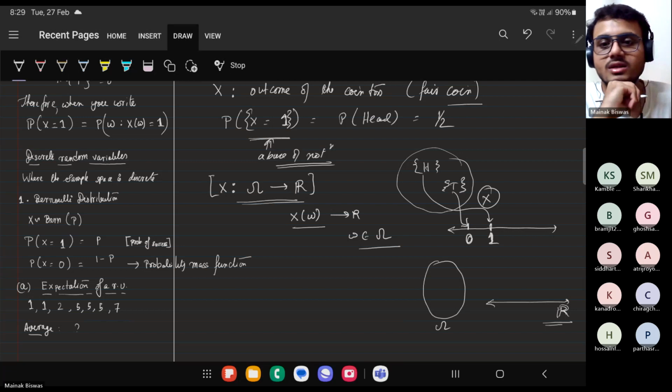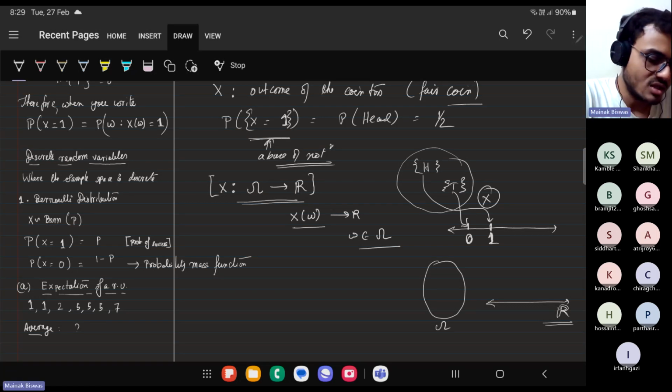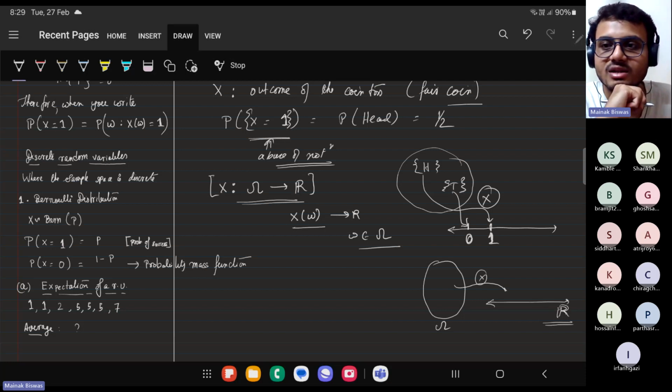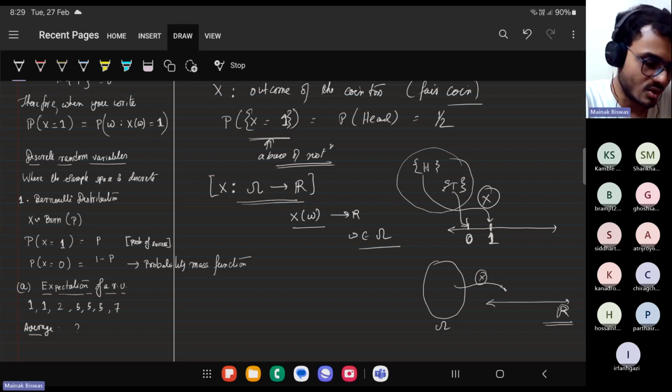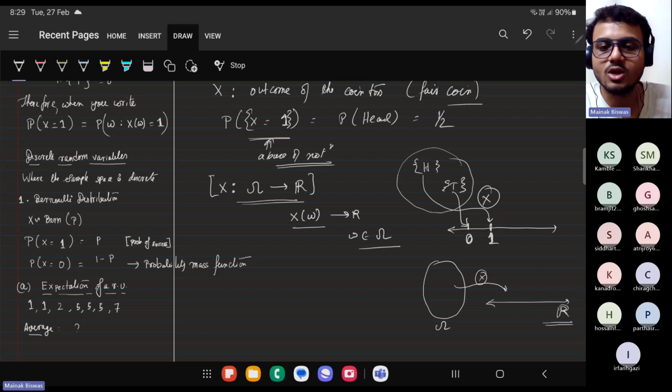Now we have numbers instead of events, and now we can do arithmetic or algebra on that. Did you understand? X is a function that maps any event to the real number line. So please ask. This is the part where, otherwise, the rest of it will not be clear.